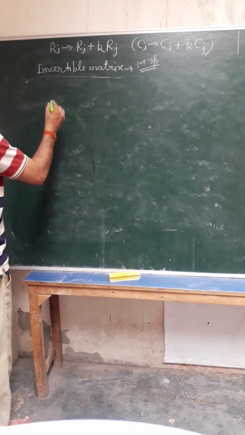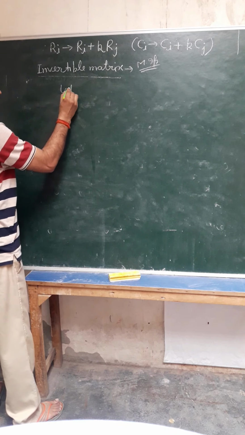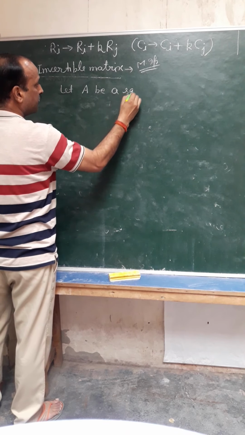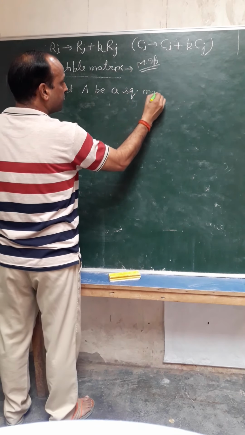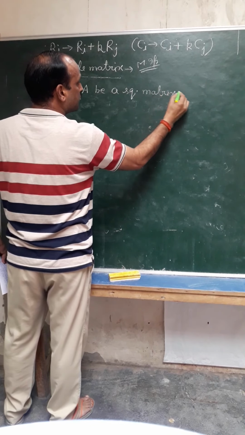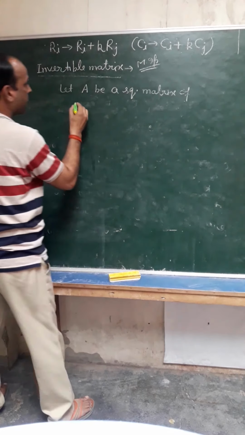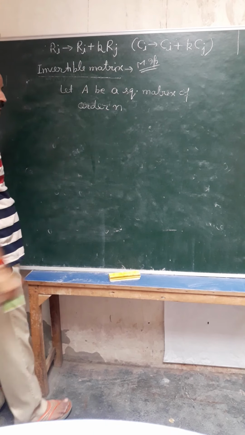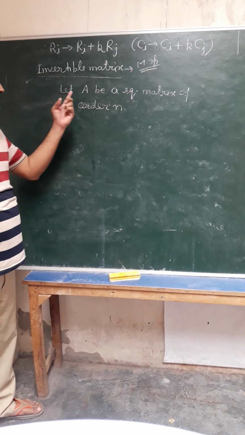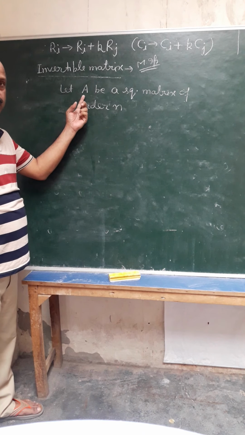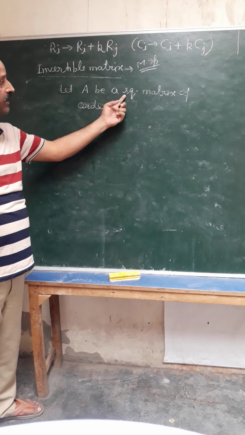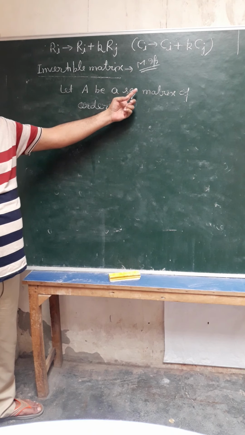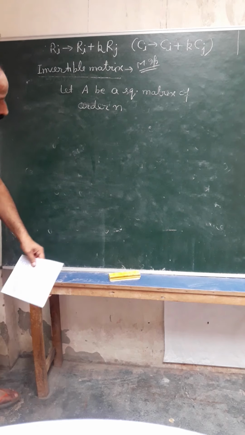So here, let A be a square matrix of order n. Concentrate here: A is a matrix and it is compulsory that the matrix should be square; the number of rows and the number of columns will be equal.